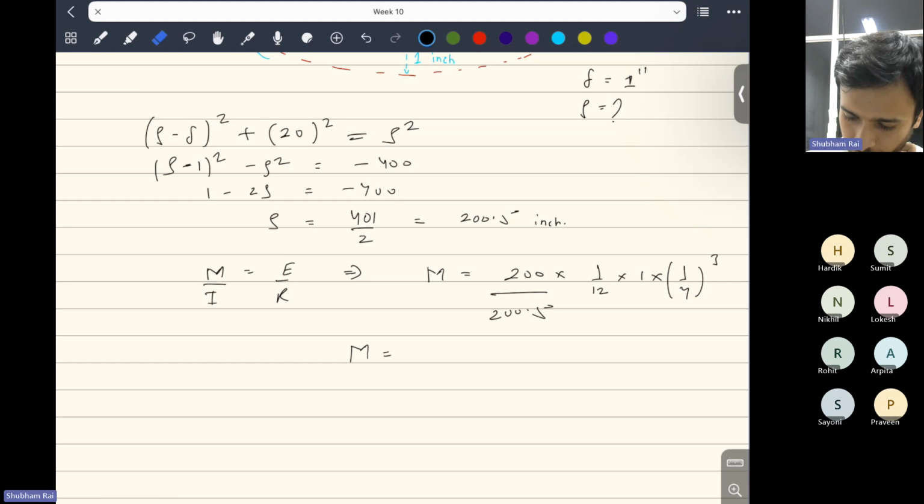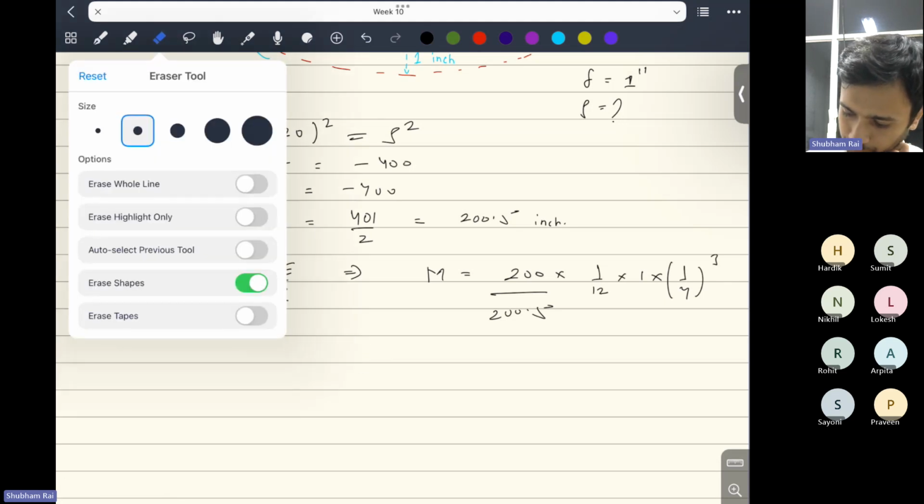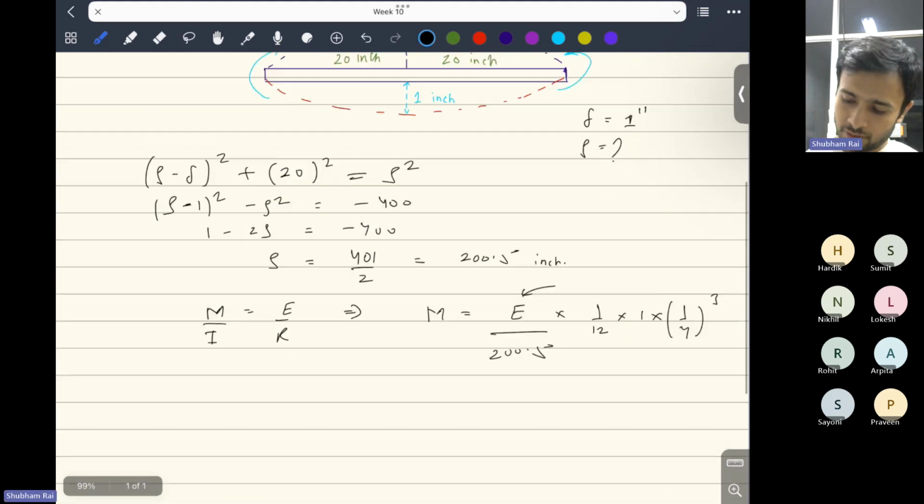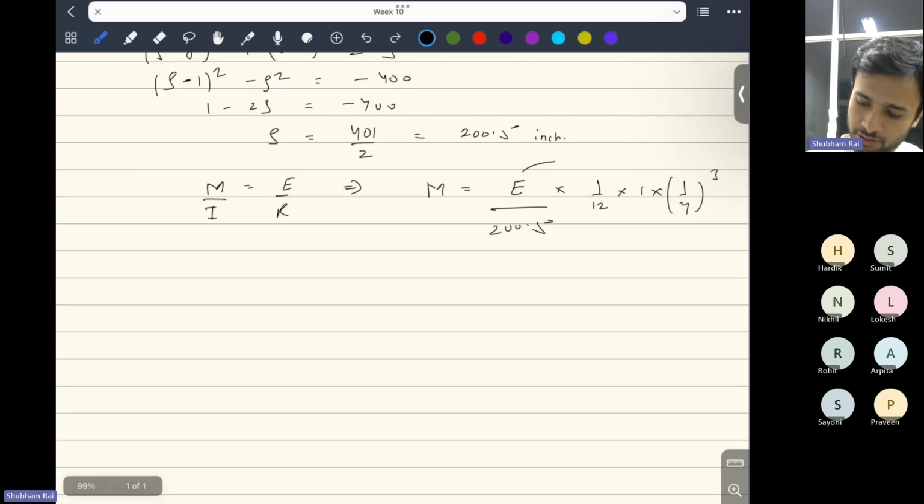Also you need to convert this, so you cannot put 200 here directly. I'm just putting E here. So you have to put E in pounds per inch square instead of Newton per meter square. Okay, so obviously that was in gigapascal, so you could put 200 times 10 to the power 9, but you have to put in pounds per inch square.